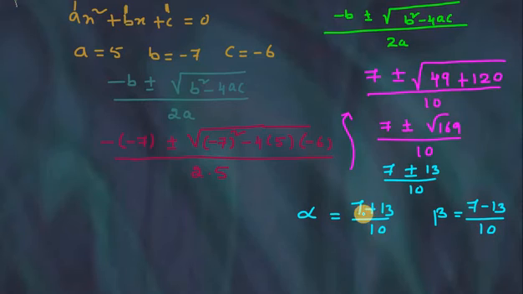Plus or minus with plus 13 and minus 13. So what is the value? 20 by 10, so this value is 2, and this value is minus 6 by 10. So if you simplify it, you will get it as minus 3 by 5. So these are the roots for the given equation. So this is all about this sum.